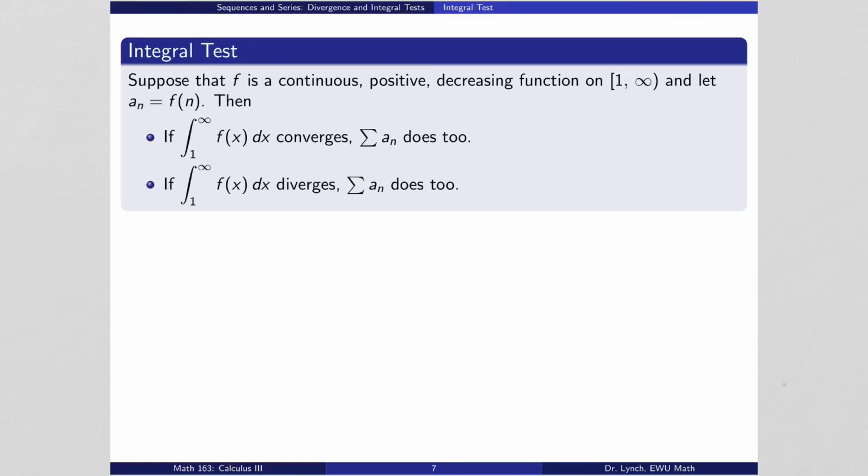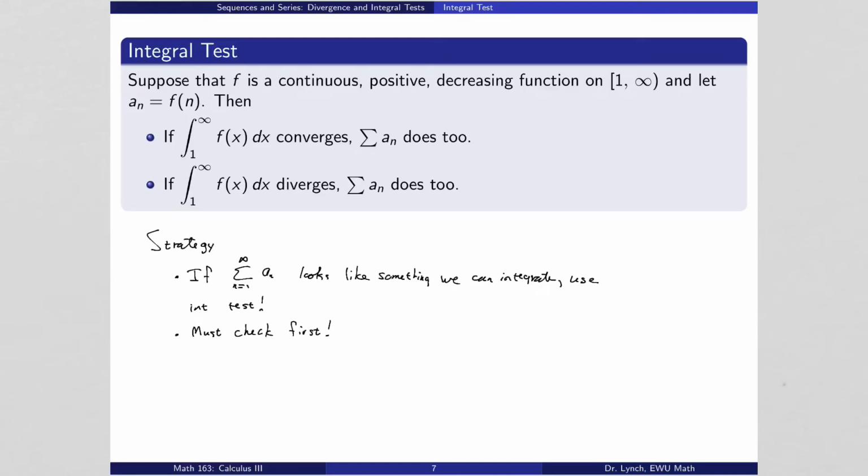Suppose that f is a continuous positive decreasing function on 1 to infinity, and suppose that a sub n is f evaluated at those integer spots n. Then, whenever the improper integral of f converges, the infinite sum does too, and whenever the improper integral diverges, the infinite sum does too.